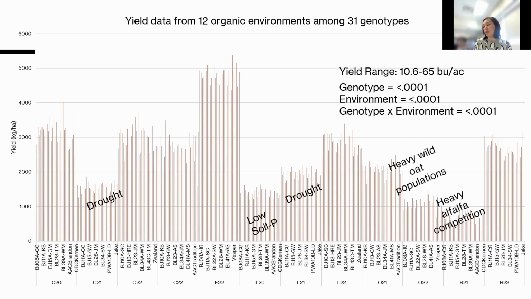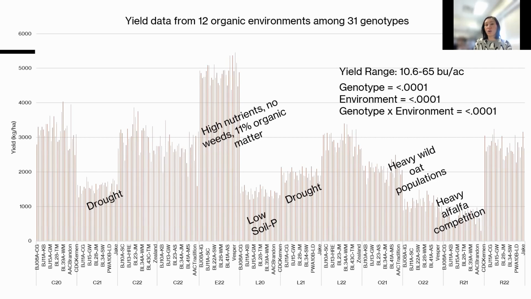In Oxbow 2022, we had heavy wild oat populations. In Roblin 2021, we had heavy alfalfa competition because the alfalfa wasn't tilled in enough, so it became a weed. In Edmonton 2022, we had this really high spike of yield because we had really high nutrient content, no weeds, and 11% organic matter.